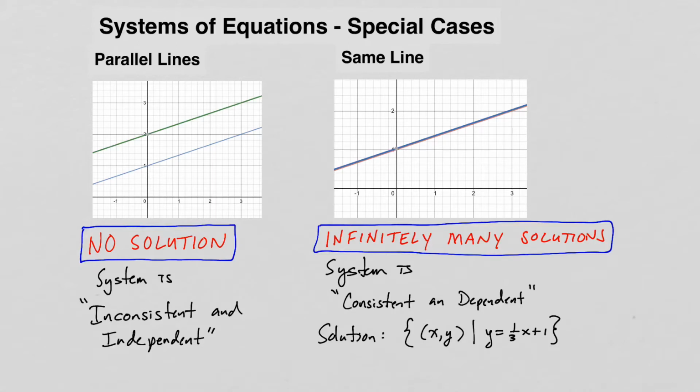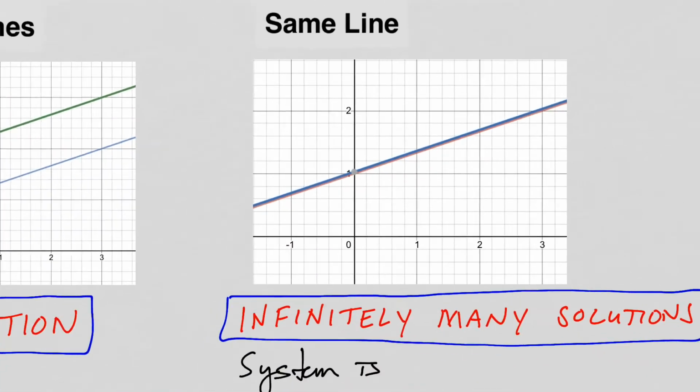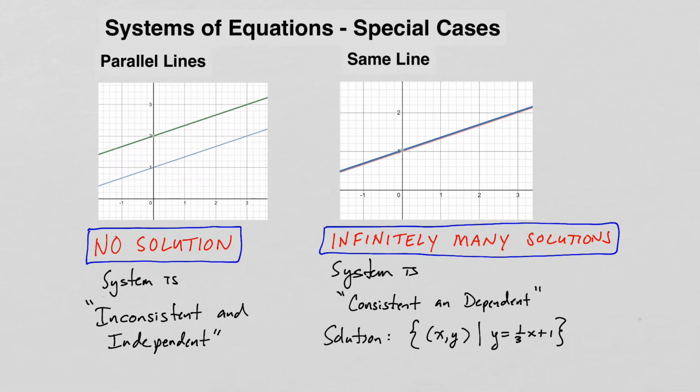The other case is, what if you graphed two lines and they actually ended up being the same line? In this case, you should be able to see very faintly here that there are two lines graphed in the same location. But in this case, there are many solutions. In fact, there are infinitely many solutions because every point on one line is also on the other line.